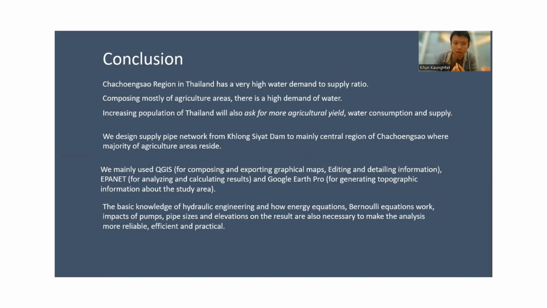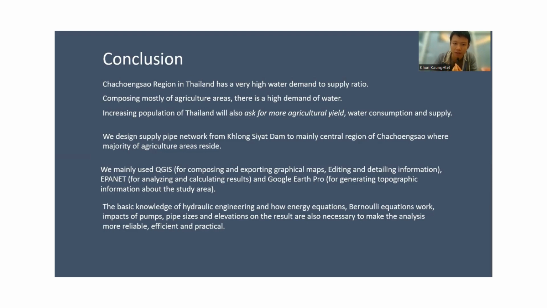We mainly distribute the water to the agricultural fields, and we use the QGIS software for composing and exporting geographical maps, editing and detailing information, and our EPANET software, of course, for analyzing and calculating the results. And Google Earth Pro is very essential too. It helps us generate the topographic information about our study area.